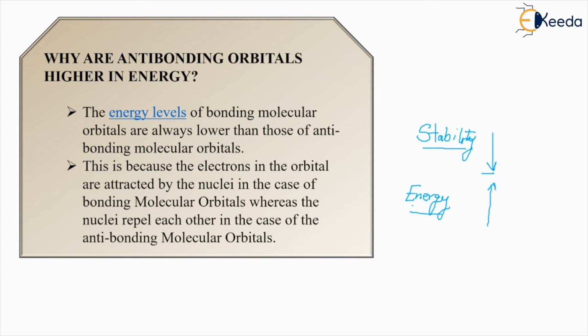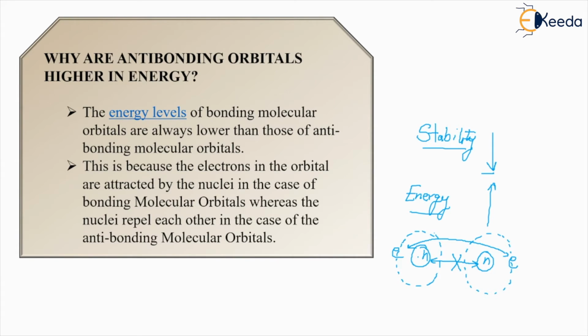nuclei repel each other. I'll just draw it again so that you all can understand where the repulsion exactly is happening. Nucleus, orbit, the second orbit, electron, electron. We wanted a connection between this and this electron, but instead I can see two nuclei coming together, giving us repulsion.